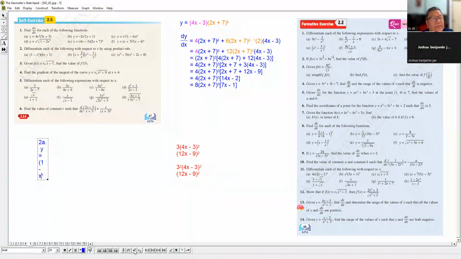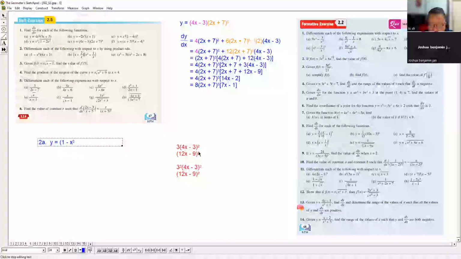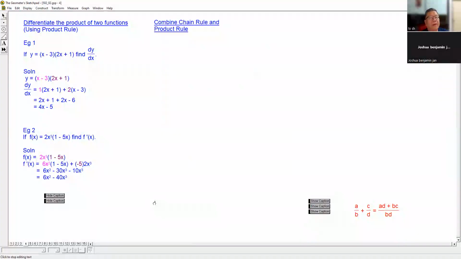Then go back to example 1. Why is it not 1 times x minus 3?